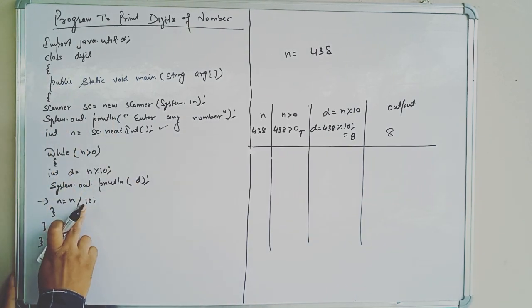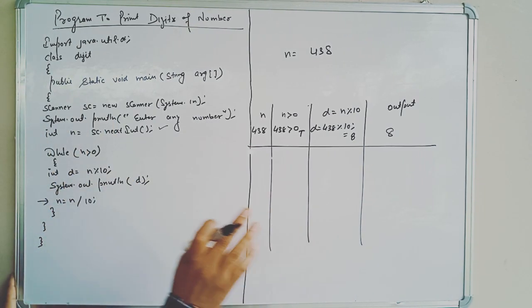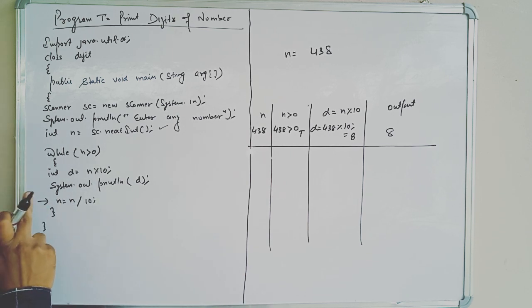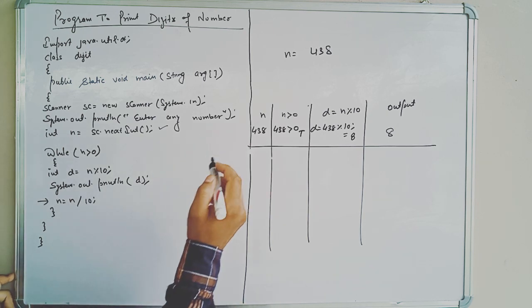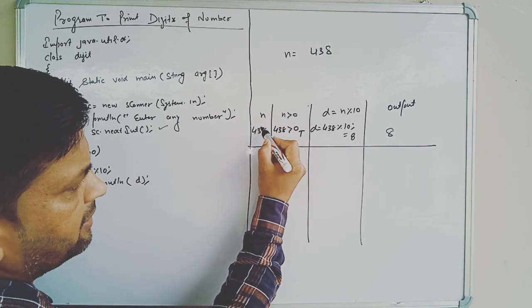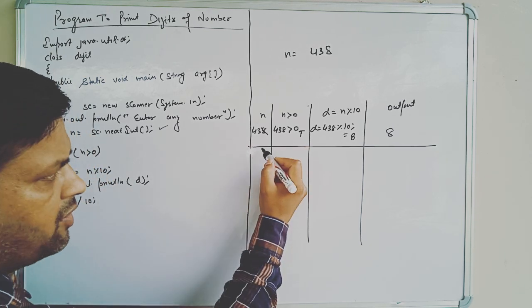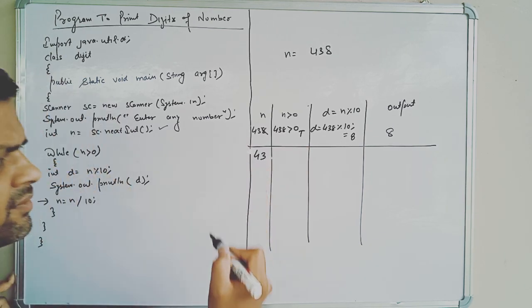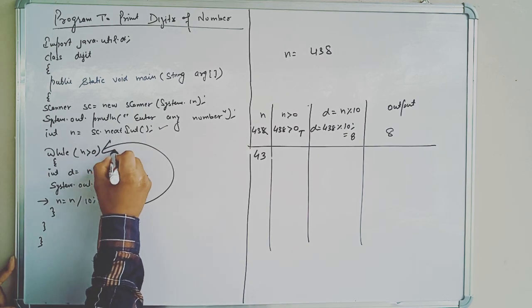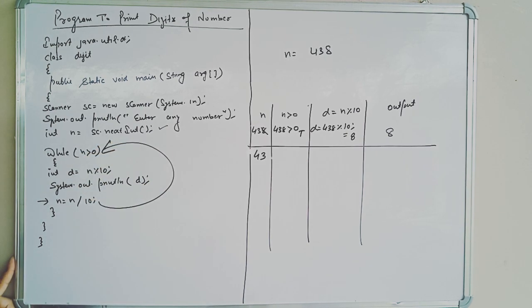So n divided by 10 means the last digit will be removed, and after removing, it will be stored in the same variable n. It means n is 438. So from 438 what will be removed? 8. Now what will be stored in n? 43. So from here again the condition will go to the test condition.